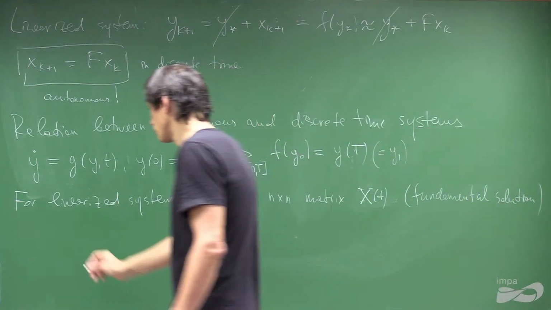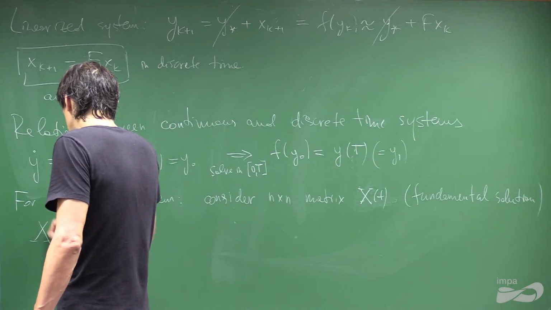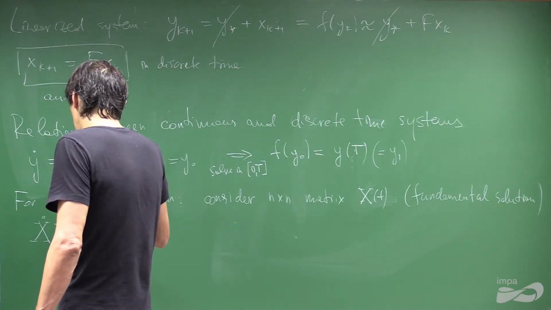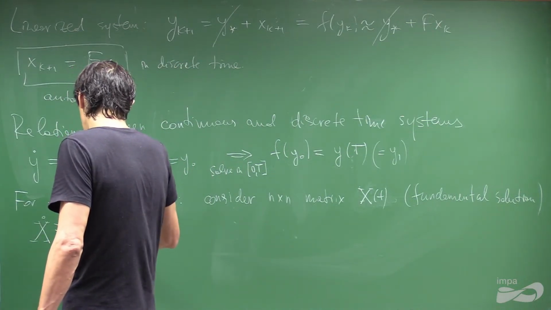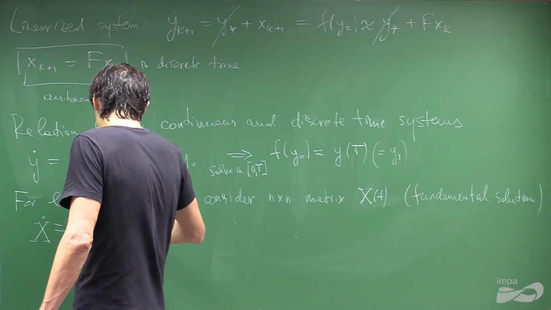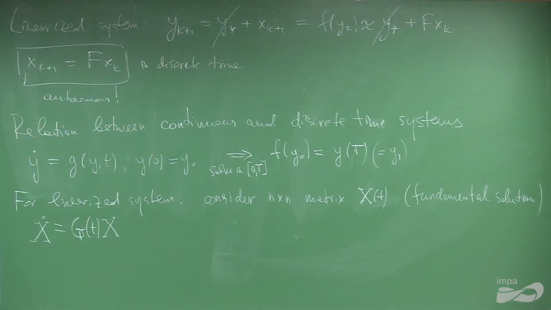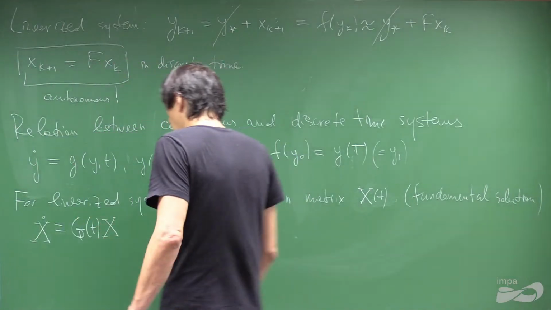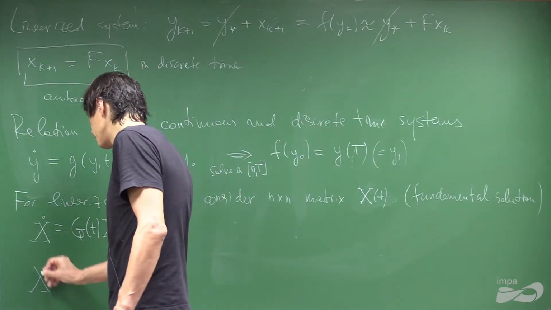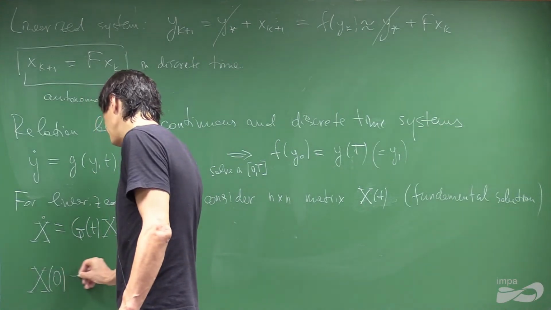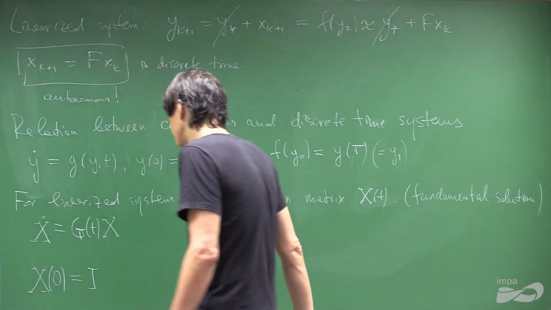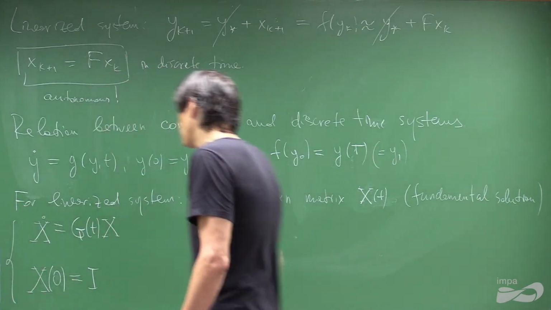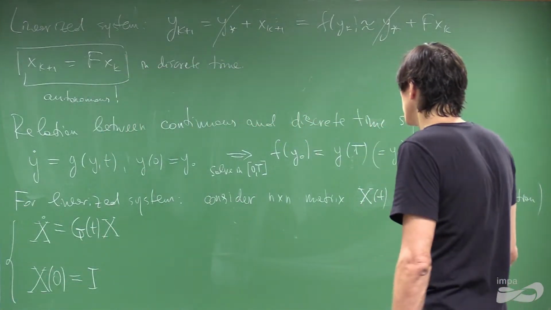So this will be a matrix which solves just the same equation as the linearized equation. But now instead of a vector we put a matrix, and we solve it with the initial condition to be the identity matrix. So we solve this Cauchy problem, initial value problem.